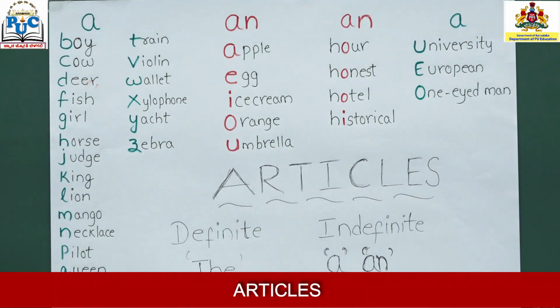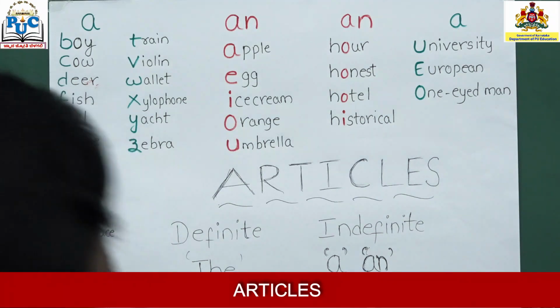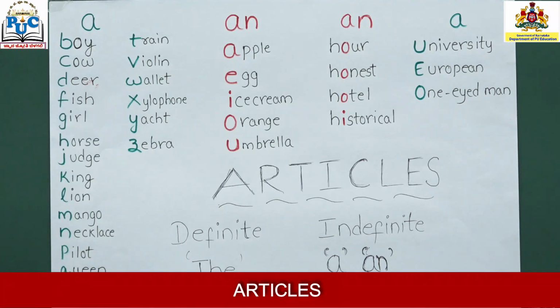But in English there is a and also an. If there was only one indefinite article, we would not have cracked our heads.